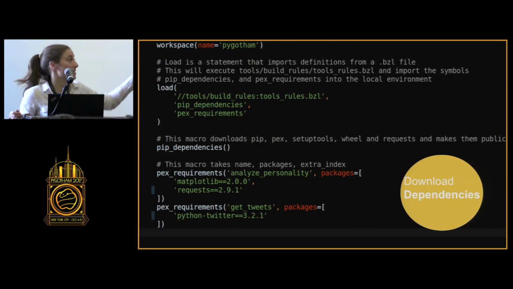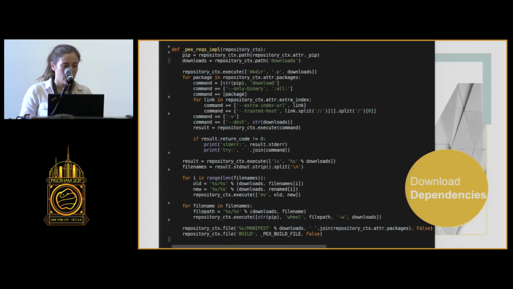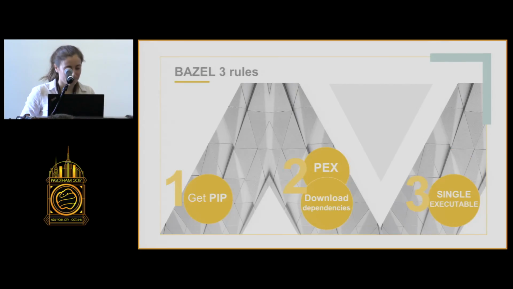Now you just list them here, make sure they're the right versions, and you're good to go. This is the code that takes pip and uses it to download the binaries of whatever you put in that list in the correct versions. All of this is available on GitHub too, because I know it's impossible to read all of this right now.